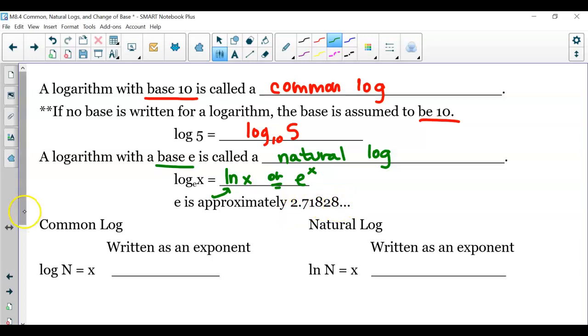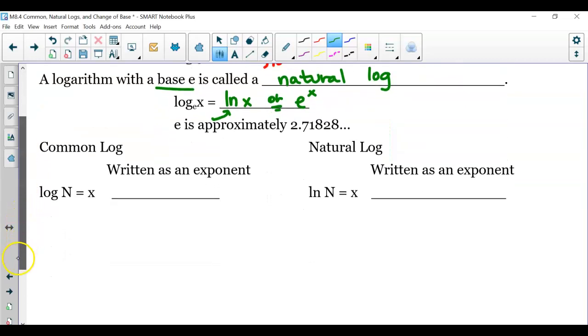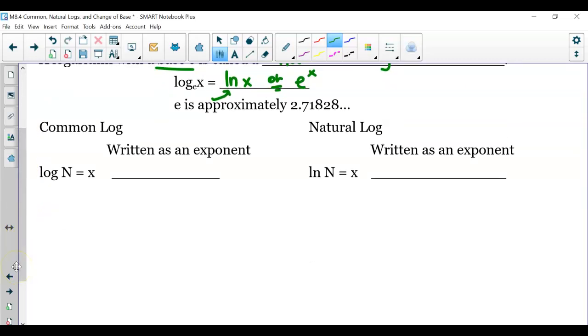A common log written exponentially: remember, it's got that base of 10 understood, so this is 10 to the x is equal to n. That's how you see a common log written as an exponential.